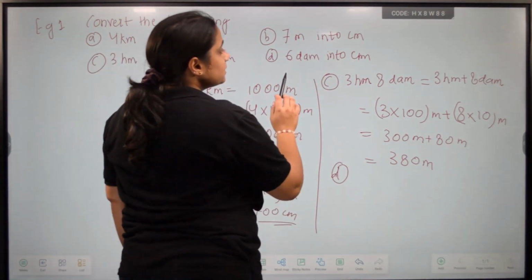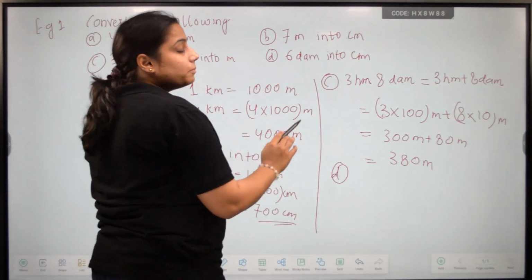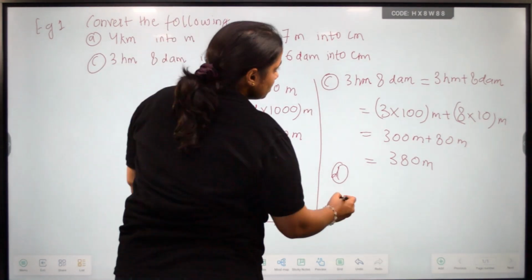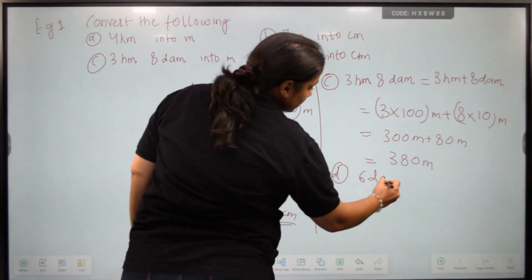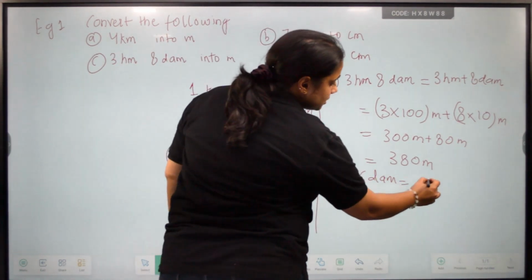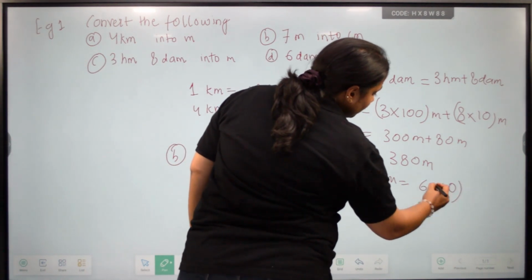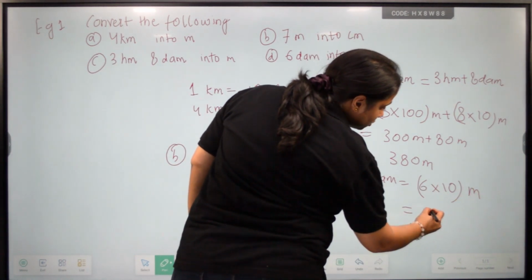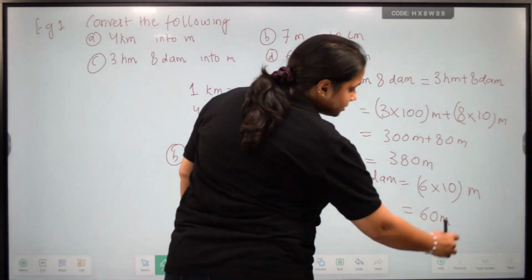Part D, 6 decameters into meters. So, 6 decameters will be equal to 6 into 10 meters, which is equal to 60 meters.